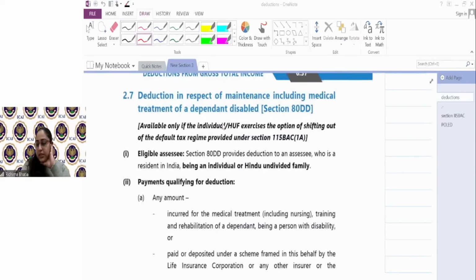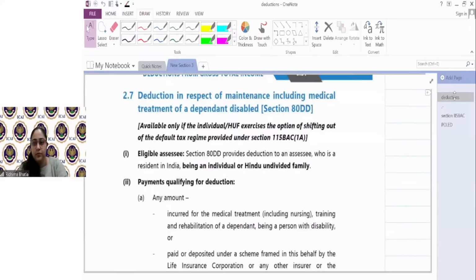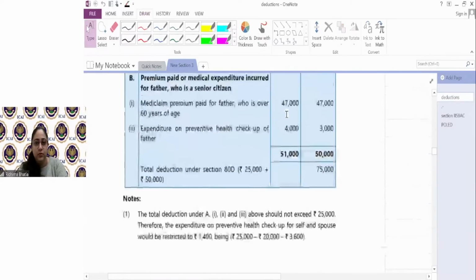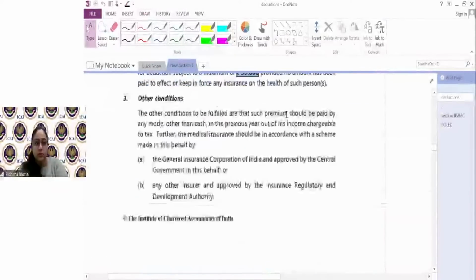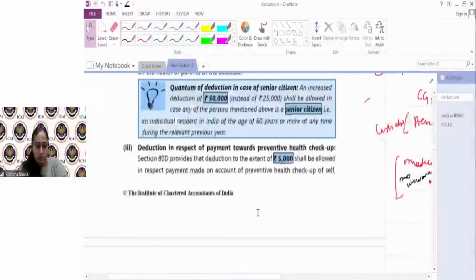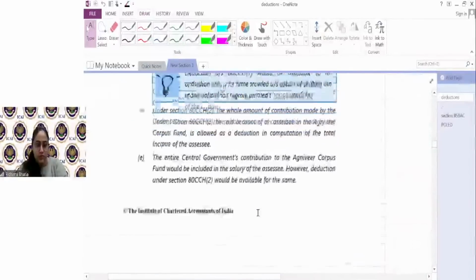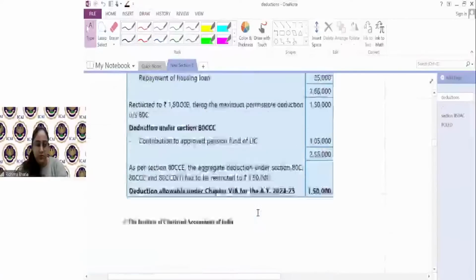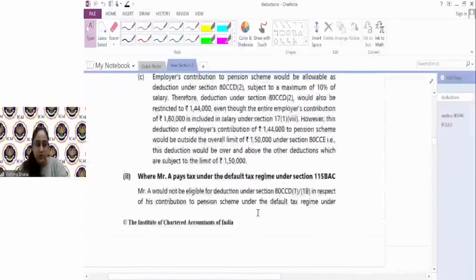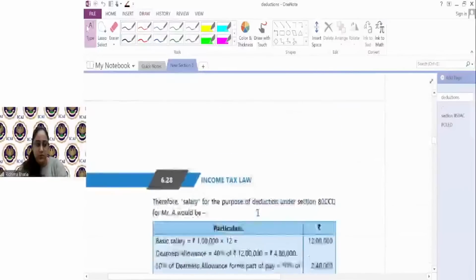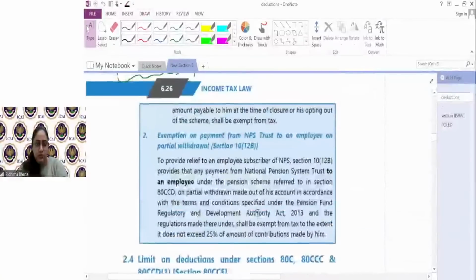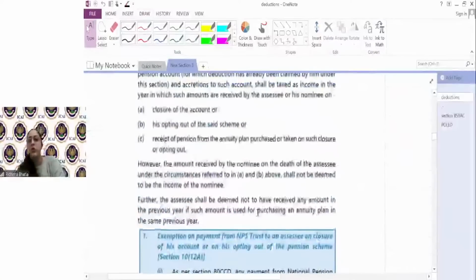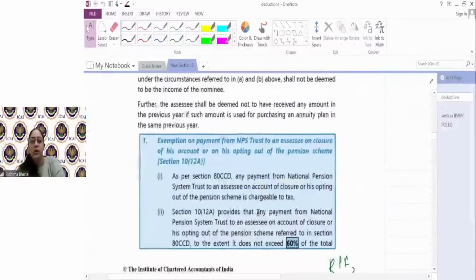Smita, 80CCD last paragraph. One second. Are you talking about this box or the deemed income part?